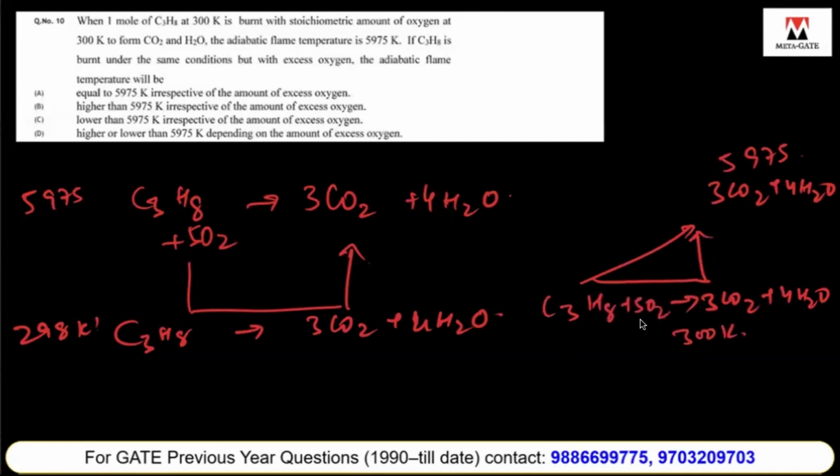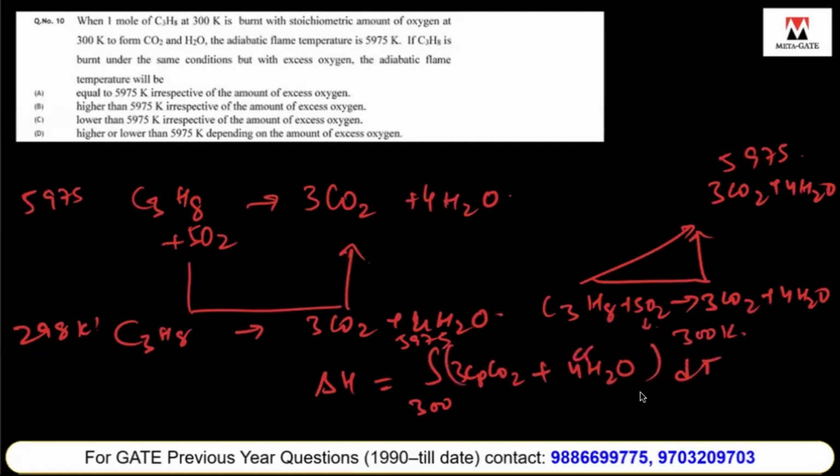Now, suppose you increase the oxygen here. If you calculate the delta H, it is nothing but the Cp of the products minus reactants times the temperature difference. So it is 300 to 5975 of 3 times Cp of CO2 plus 4 Cp of H2O, dT. Now, suppose I increase 1 mole of oxygen here.